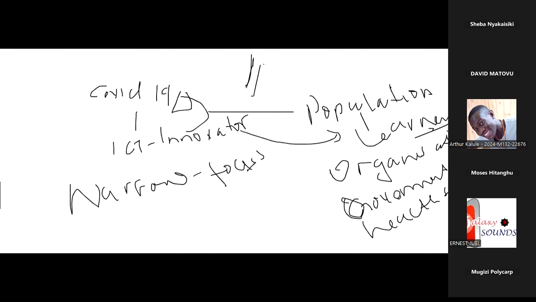You remember when we talked about identifying your research problem? You're not going to solve everything. As a researcher, what are you going to focus on?